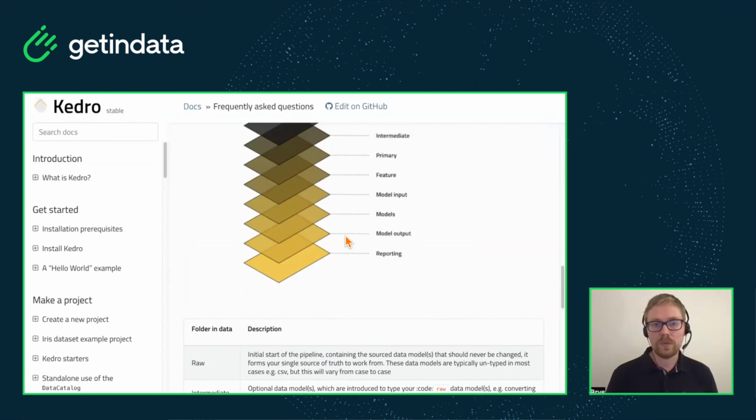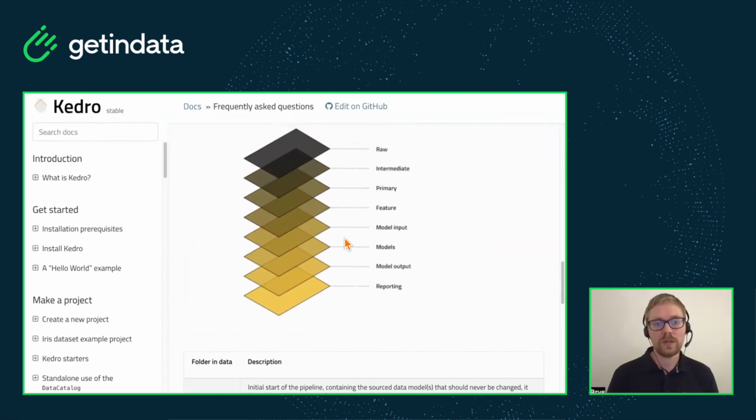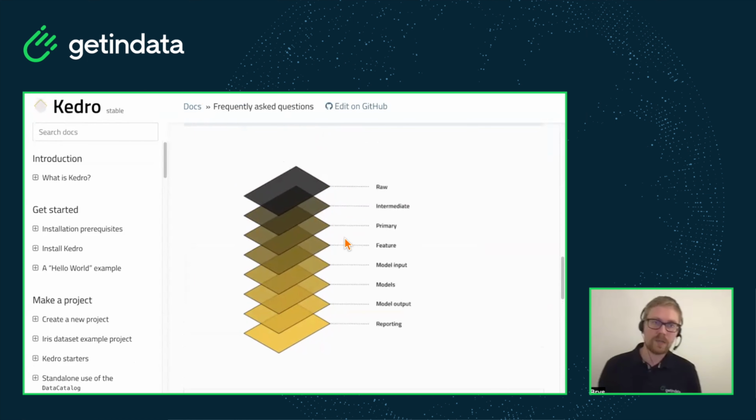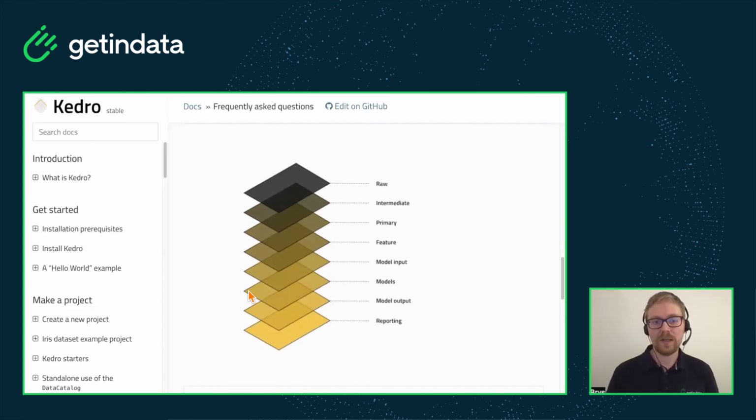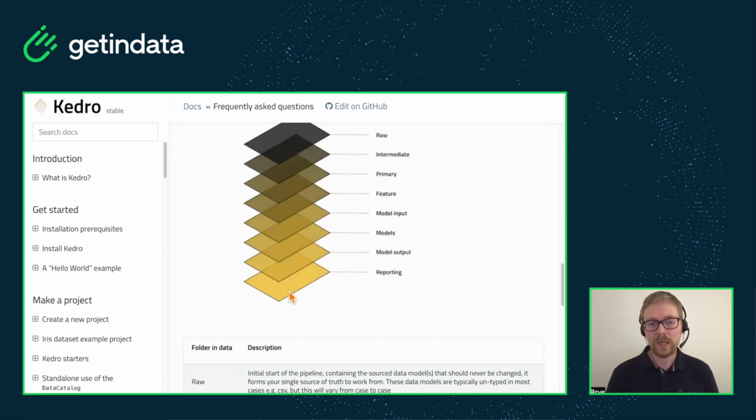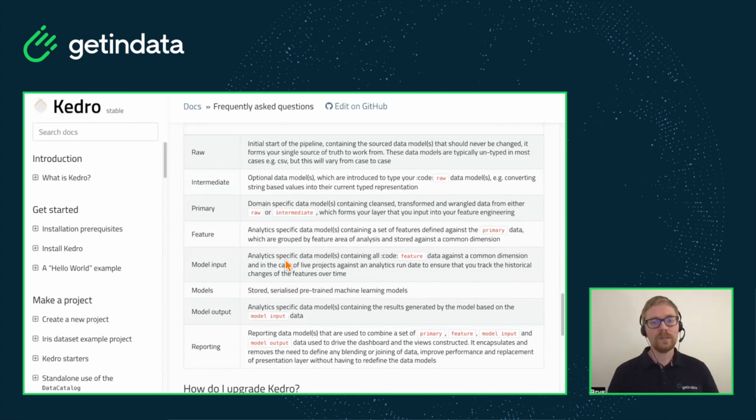This is the data engineering concept defined by Kedro engineers, and it is a proposal of how the input data, the output data, and the intermediate datasets are organized within the Kedro framework. You may read about the layers here, and there is also a detailed description of each thing behind the data layer concept.